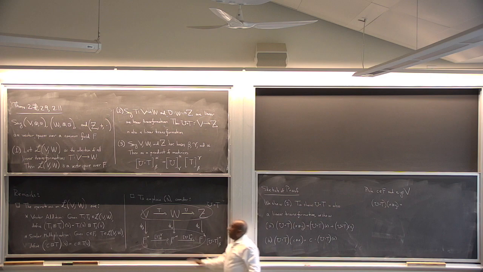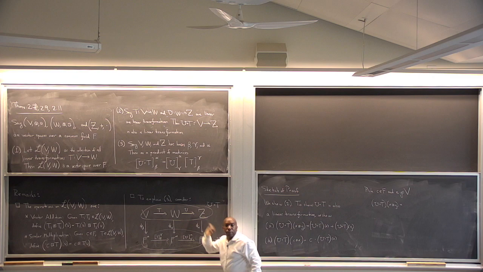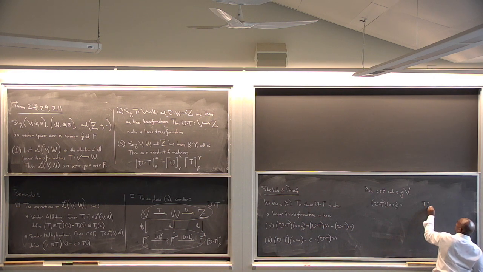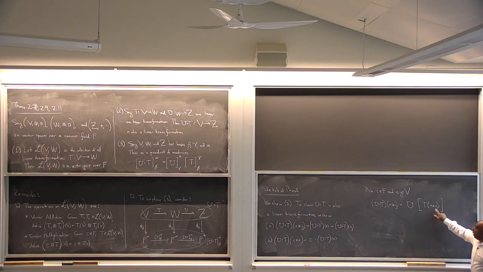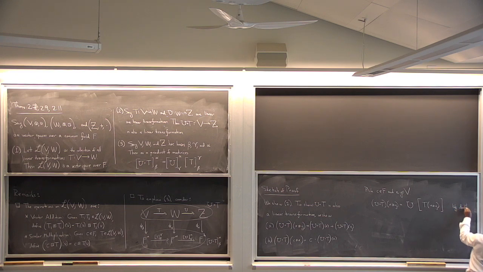Remember, first I look at the image under T, and then I look at the image under U. So this here is some element of V, and now I apply U, and then this is some element of W, and I apply this, and that's some element of Z. So this is by definition. Again, that's the definition of what composition is.